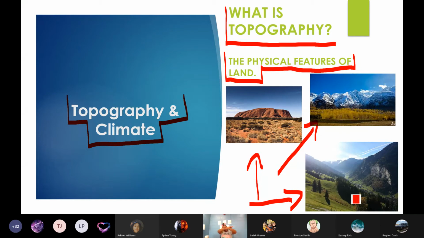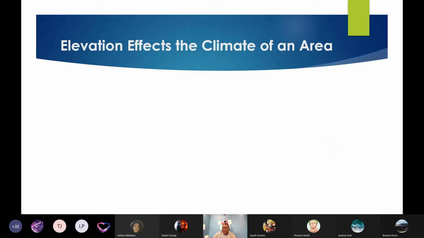A valley is very flat land, very flat land. So when we're looking at the physical features of each of these landforms, how does that affect the type of weather that comes around these areas? Let's see. In your notes, let's write down elevation affects the climate of an area.